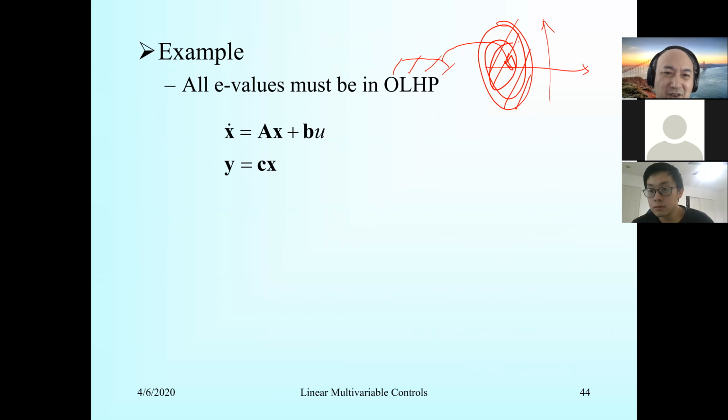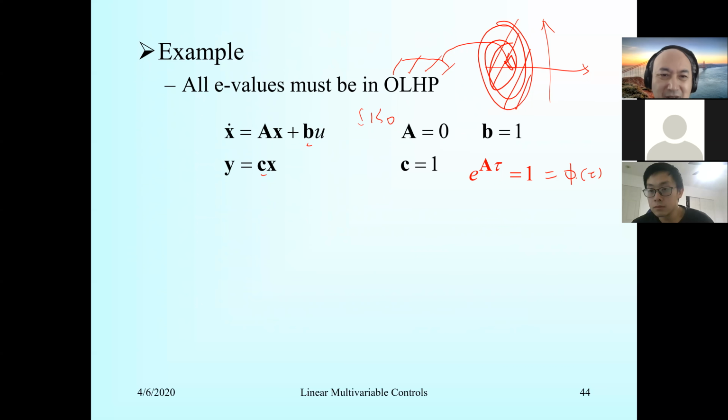This is a SISO case, since we use the lowercase here. It's funny. A is 0, B is 1, C is 1. So they are all bounded, all three of them. And in this case, e to the power of 0 is 1. This is my phi tau, okay?